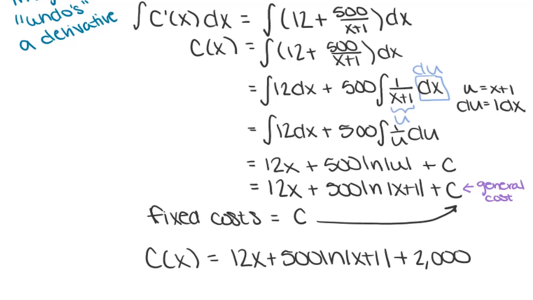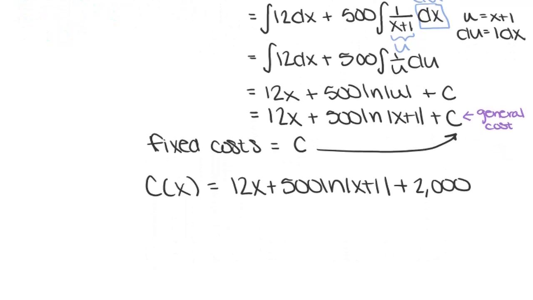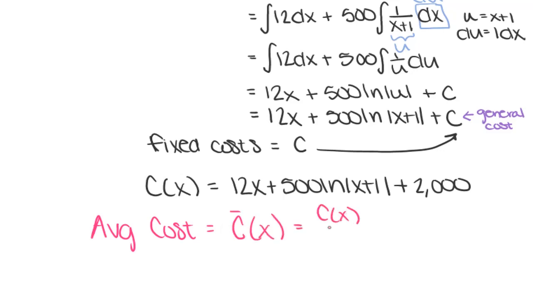And then the other piece that I was asking for was the average cost per pair of shoes if 1,000 pairs of shoes are produced each week. So to find that value, we remember what average cost is. So average cost is our C bar of x, which is our cost function over x, the number of items produced.